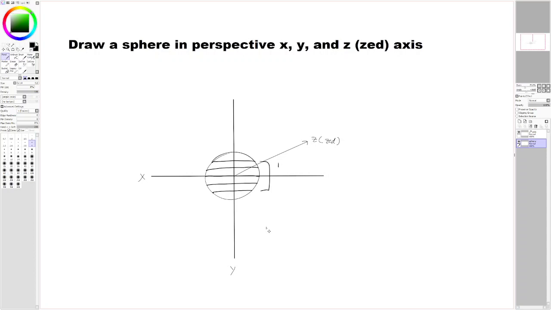So we have our sphere, and I showed lines of latitude, and I showed lines of longitude. And when it comes to a sphere, if you draw things like partial ellipses, like I just did here, that partial ellipse is receding into 3D space, into our z-axis.